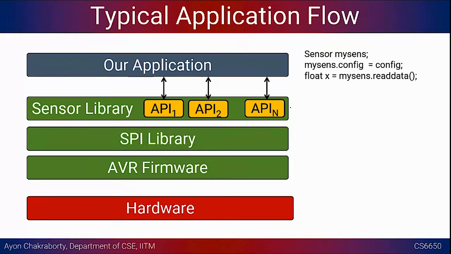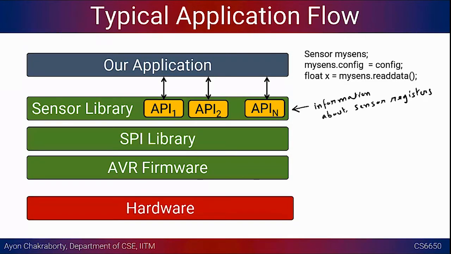It's not just a function call to the SPI library, right? There are certain things that the sensor library has, some information. So what is that information? It is information about sensor registers, right? This is agnostic of the SPI bus.